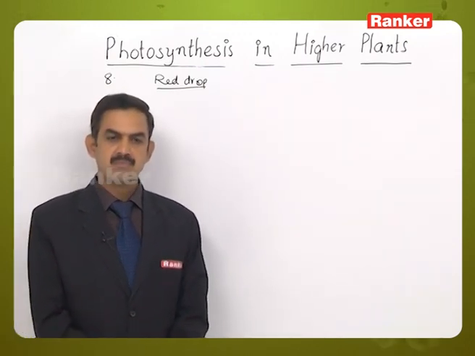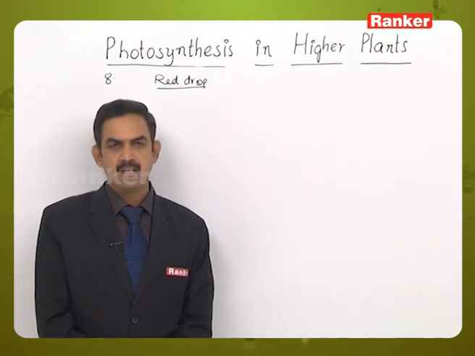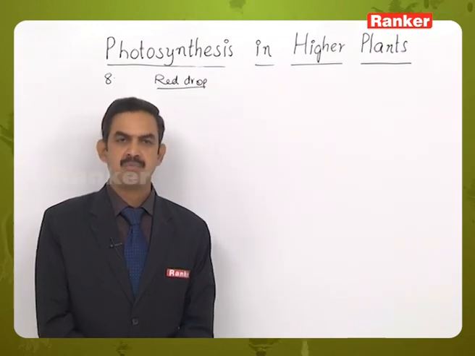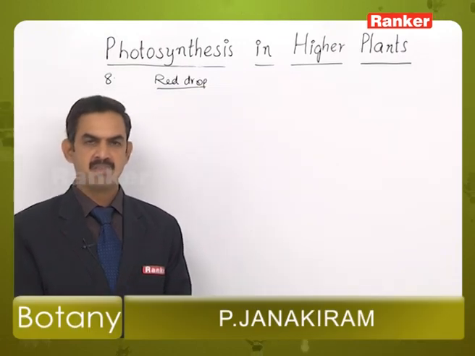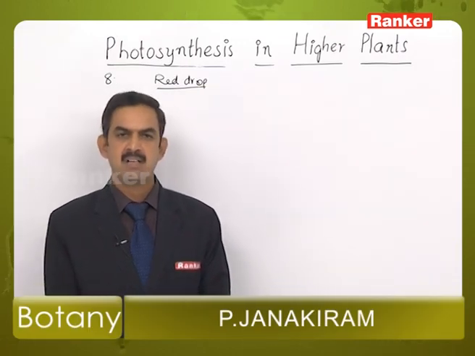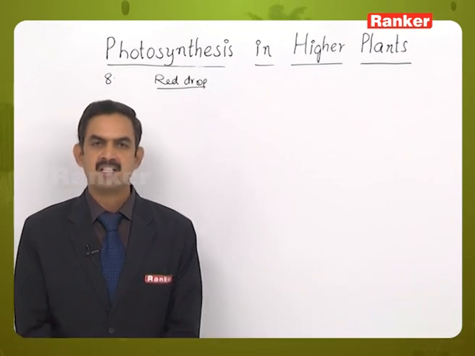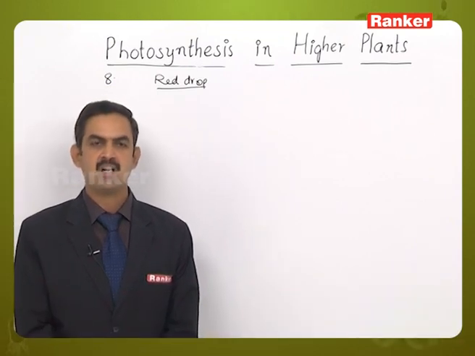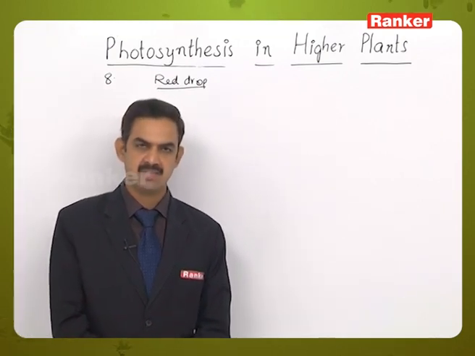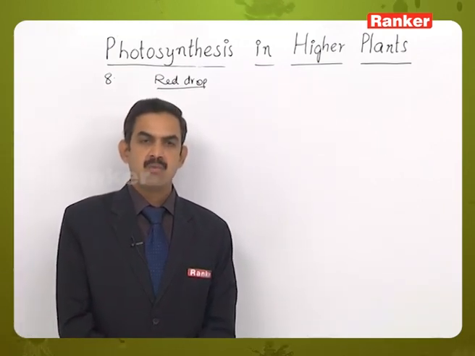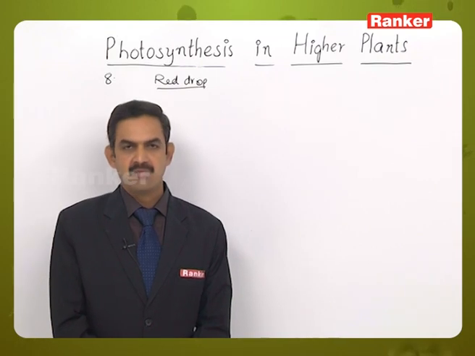So here the thing is actually the higher wavelength of red light. Whenever the higher wavelength of red light is taken, there is a decline in the quantum yield, and the photosynthetic rate will be declined or decreased. So what is the reason for decline in the photosynthetic rate?